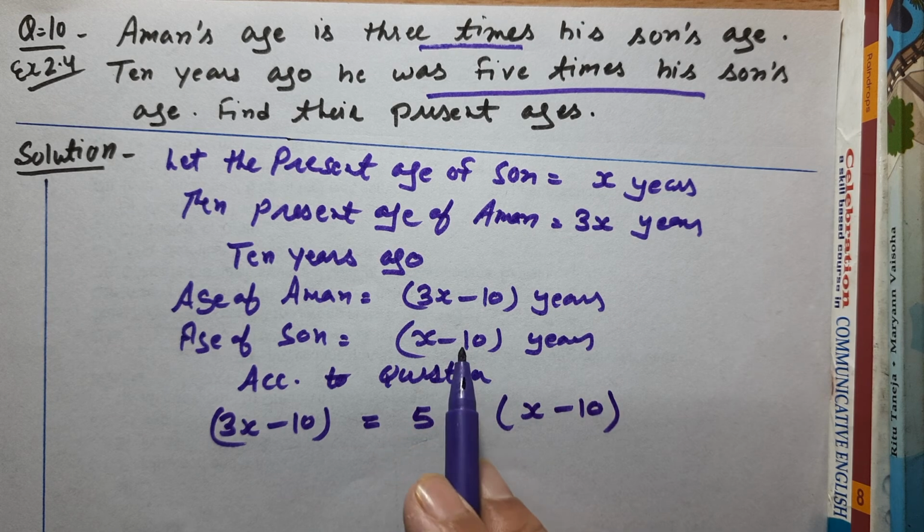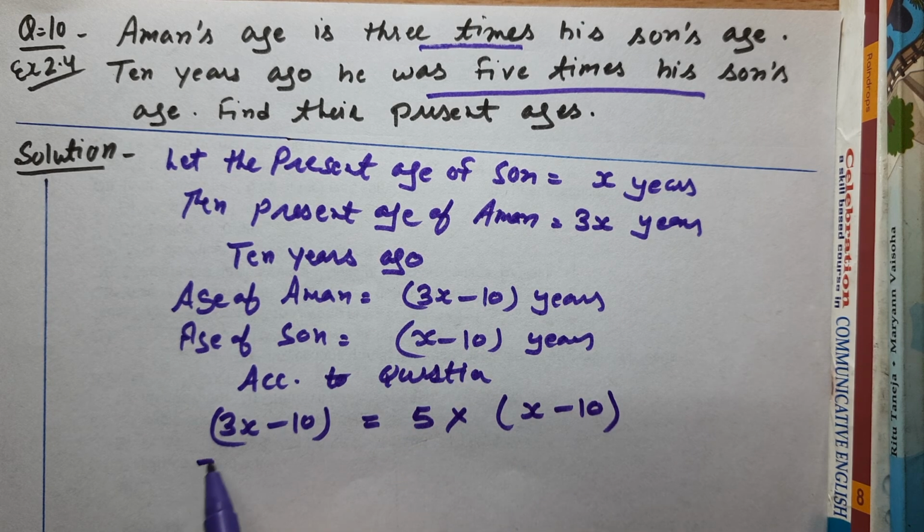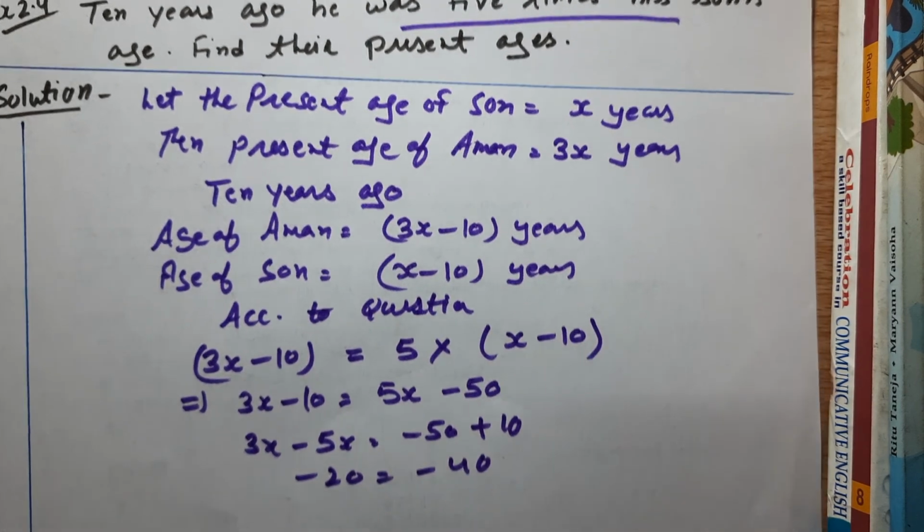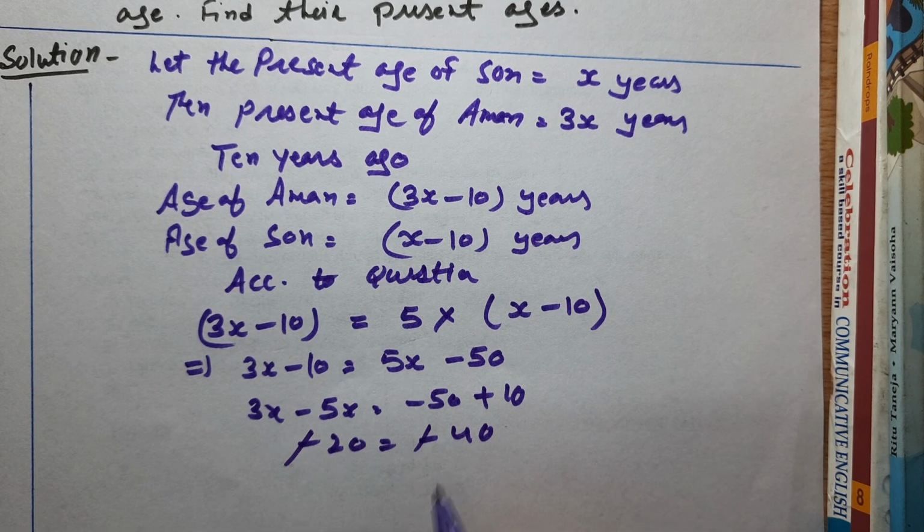Age of Aman equals 5 times son's age, which implies, open the bracket, 5x minus 50. Now interchange: 3x minus 5x is equal to minus 50 plus 10. Minus 2x is minus 40. Minus with minus cancel. So x comes out to be 40 upon 2, that is equal to 20 years.